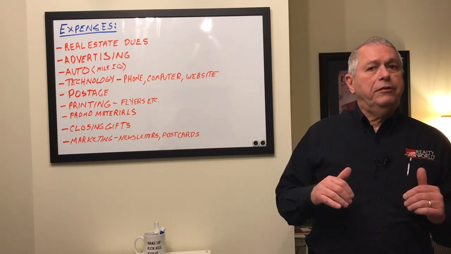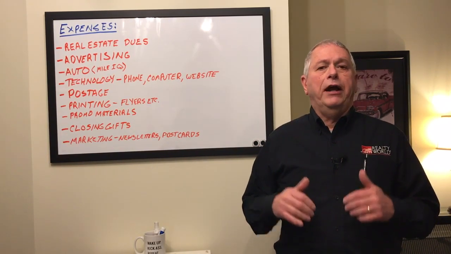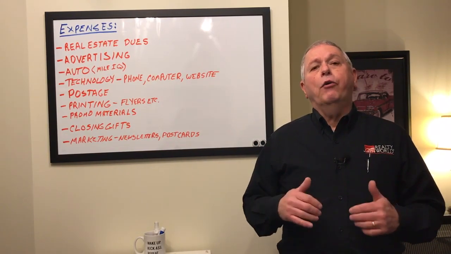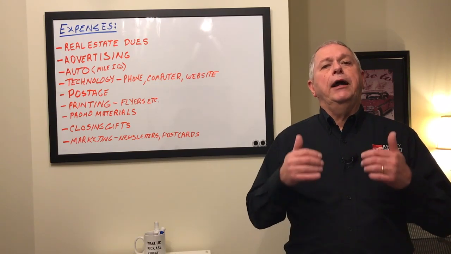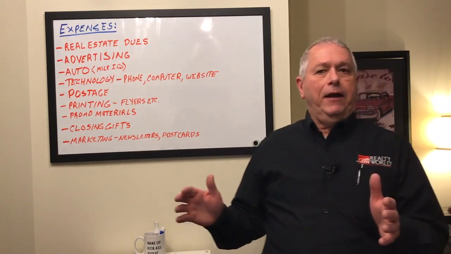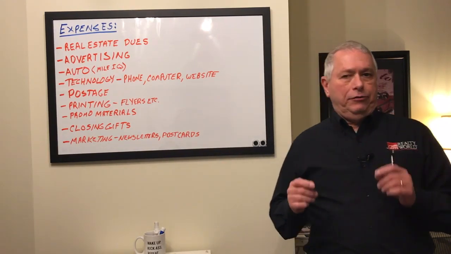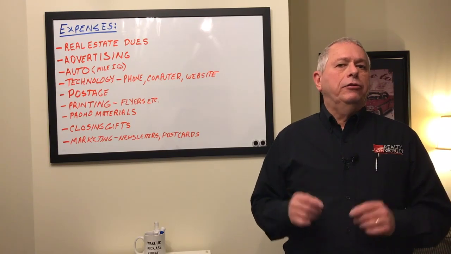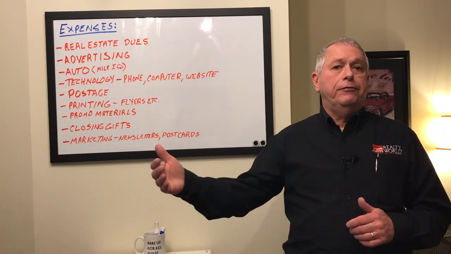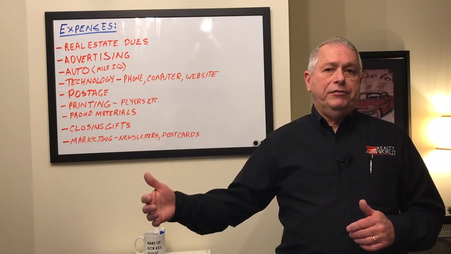There's also a service available through the United States Postal Service called Every Door Direct, and it's a way for you to deliver a mailing piece to every door in a particular area. Contact the post office for details on that, but it's a great tool that you could use, for instance, for farming a particular area or a particular part of town.